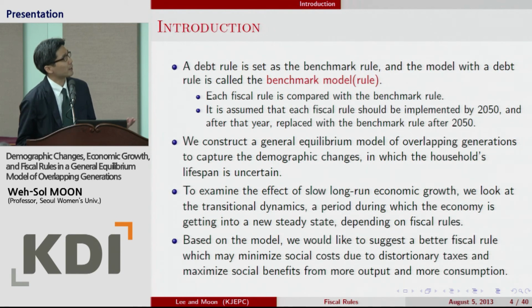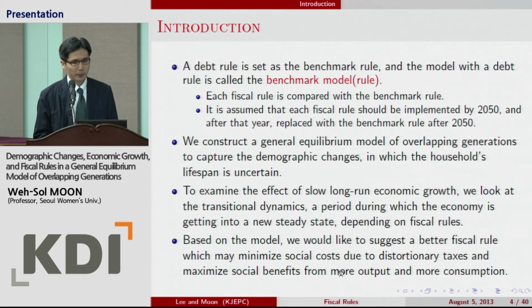We call that the benchmark rule, or benchmark model. The fiscal rule is compared with the benchmark rule because we need a reference point. It is assumed that the fiscal rules should be implemented by 2050, and after that year, 2050, replaced with the benchmark rule.